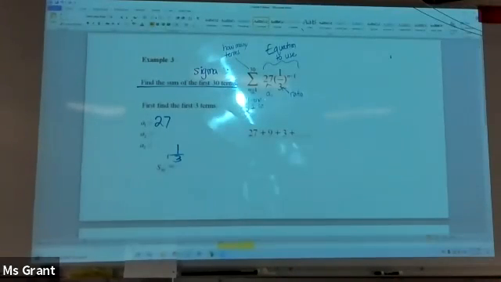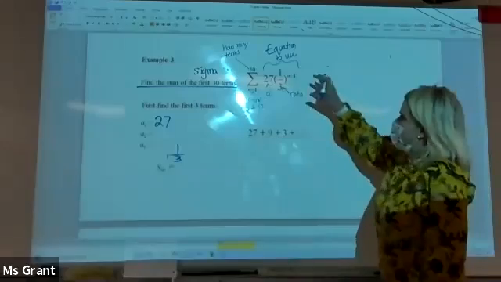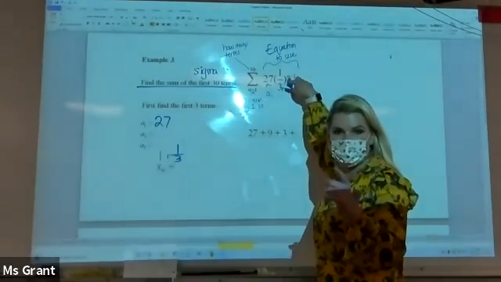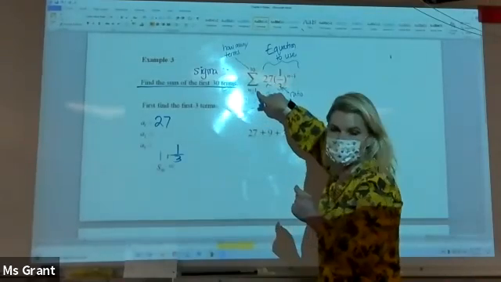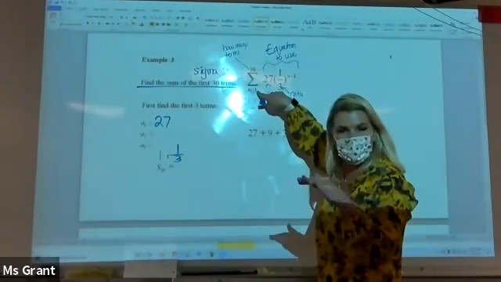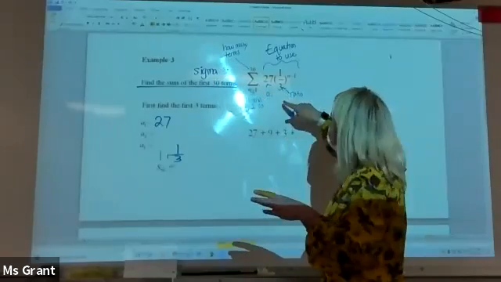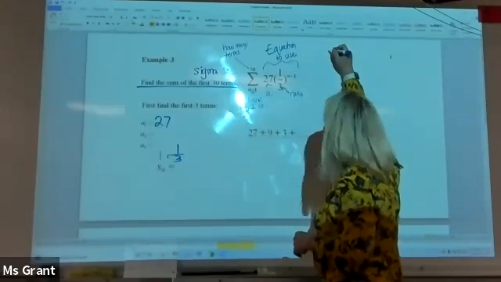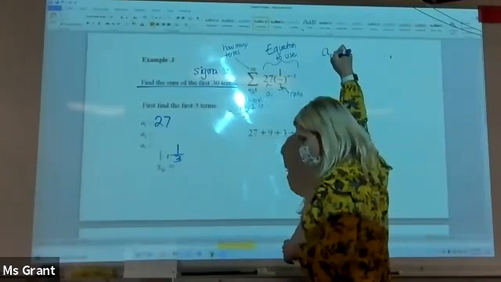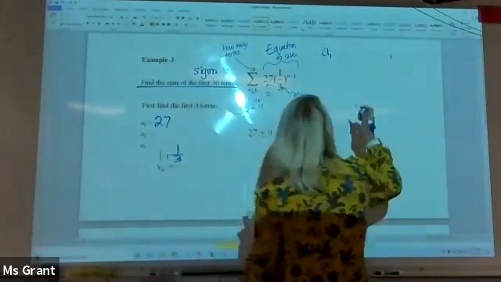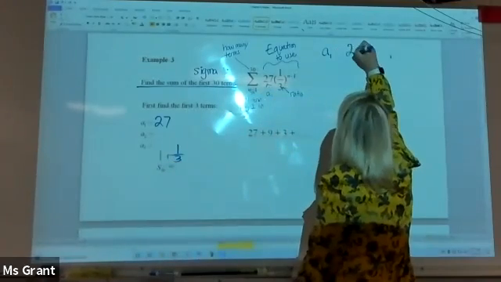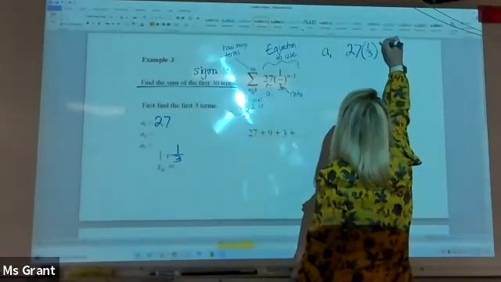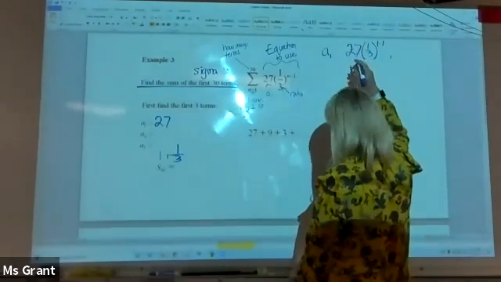Okay, here we go. I'm going to use this information here. The N is the number that I'm plugging in. It tells me at the bottom of the sigma symbol. So A sub 1 is 27 times 1/3 to the 1 minus 1.